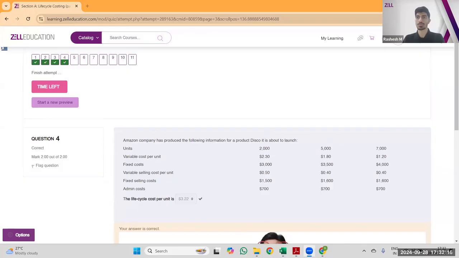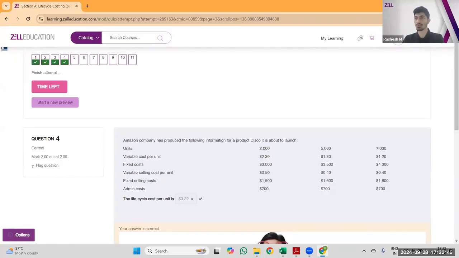What you need to do is add up all the costs. All your fixed costs will simply be added together, and your variable costs are given per unit. So you add your variable cost: this becomes 2.8 multiplied by 2000, this becomes 2.2 multiplied by 5000, and this becomes 1.6 multiplied by 7000.